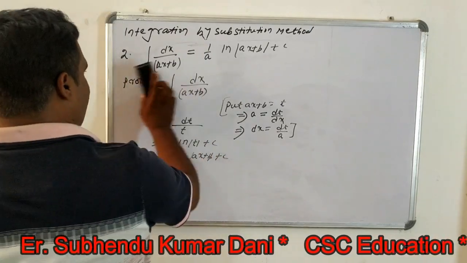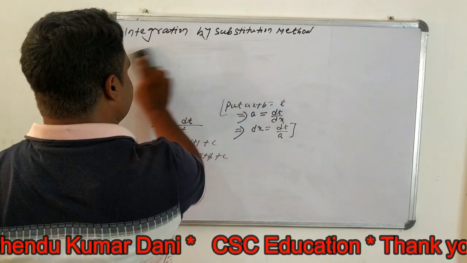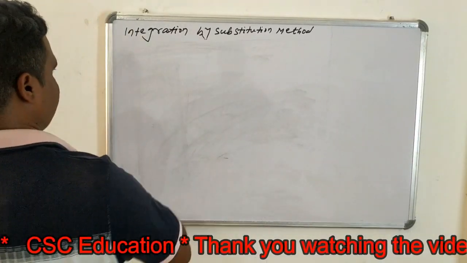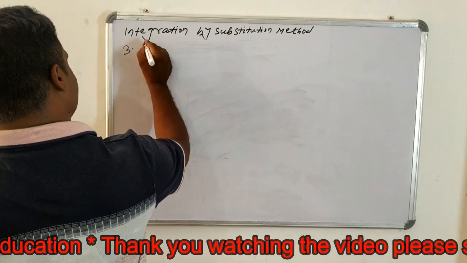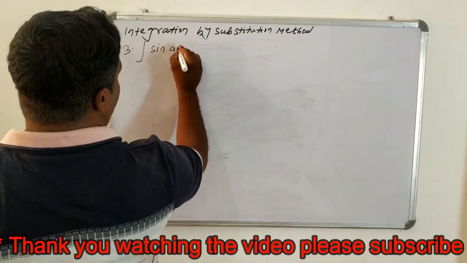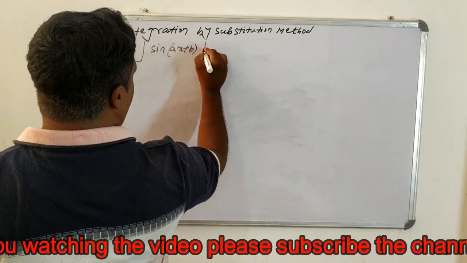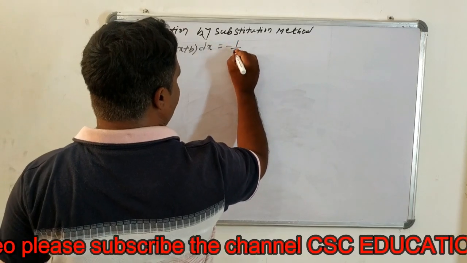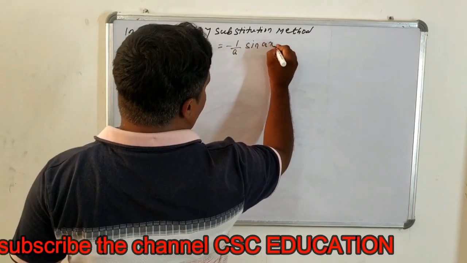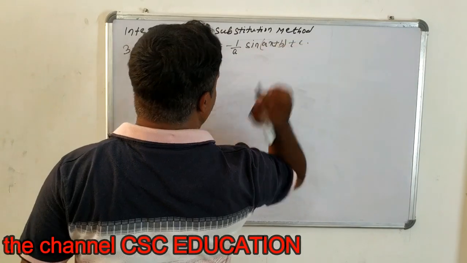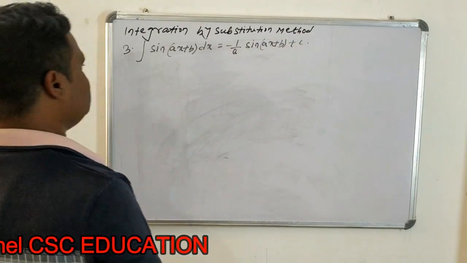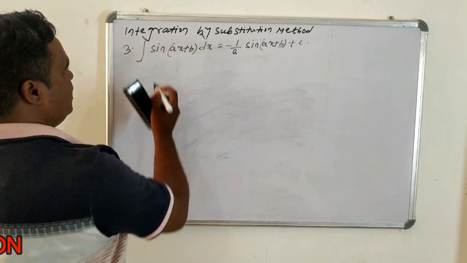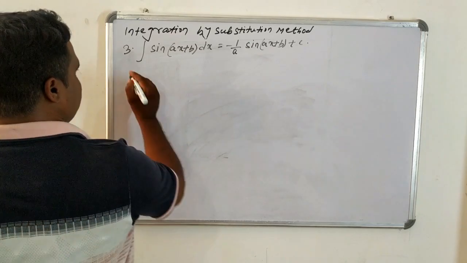Now another formula is the integration of sine of ax plus b dx equals minus 1 by a cos of ax plus b plus c. As in the previous two, in a similar way we put ax plus b as the substitution in the given integral, and we get the results.